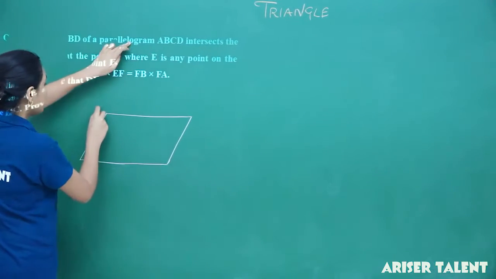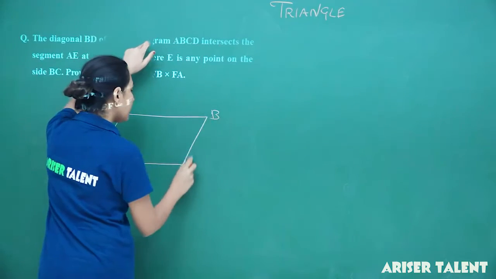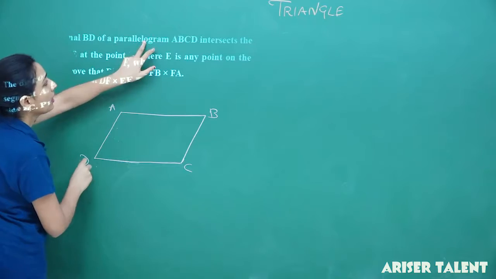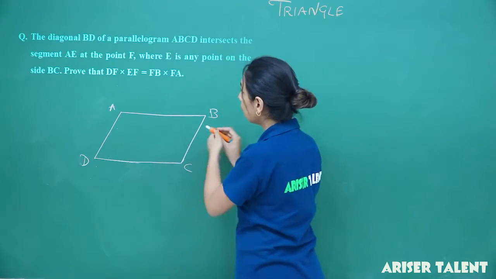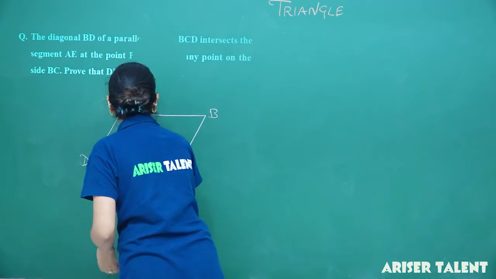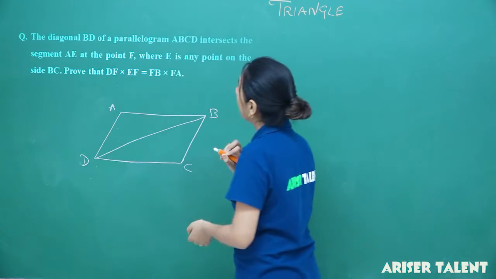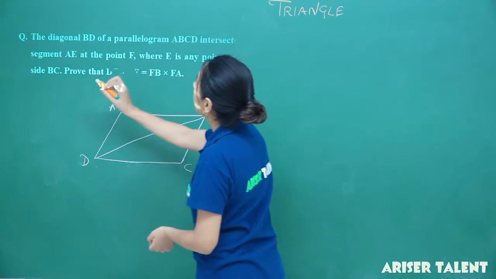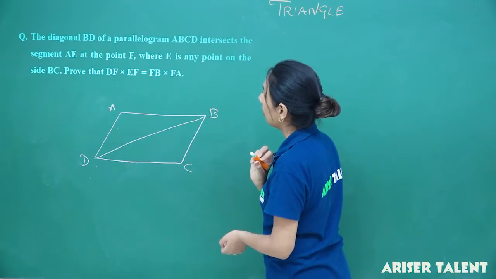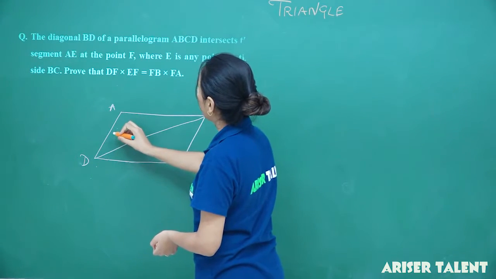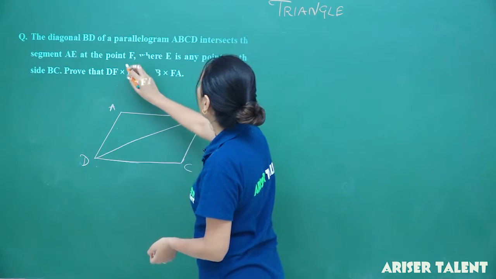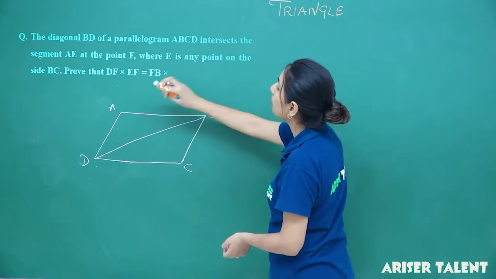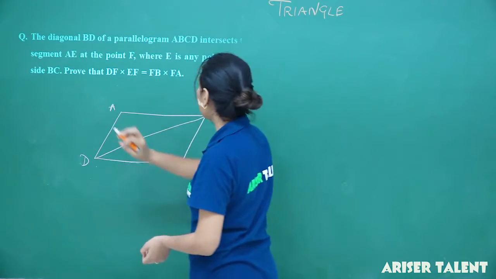Now it is called A, B, C and D. The diagonal BD intersects, so we have to draw a diagonal BD here. It intersects the segment AE at a point F, where E is any point. What is E? E is any point on the side BC.